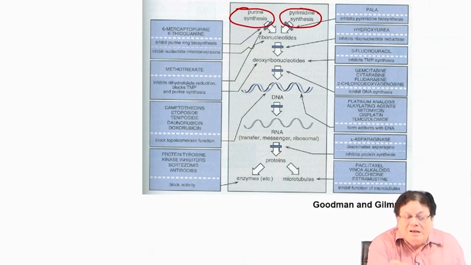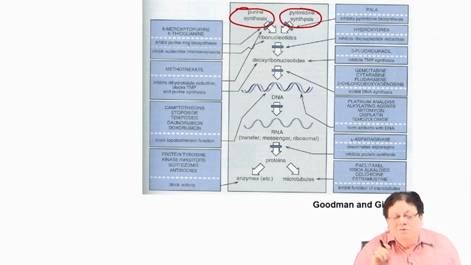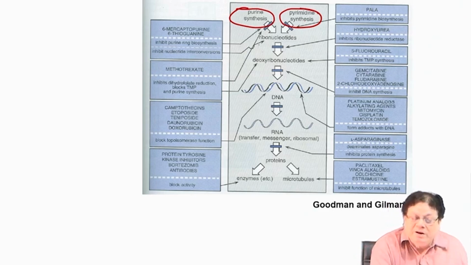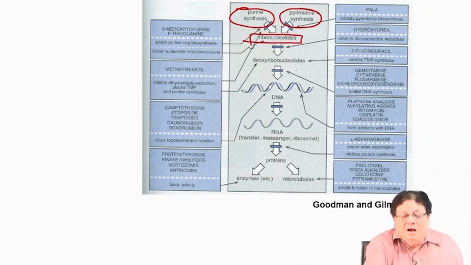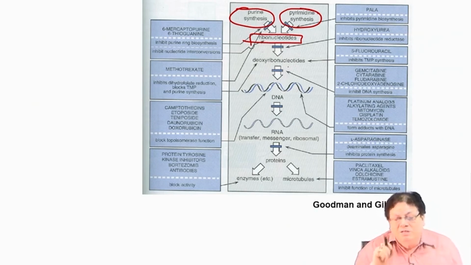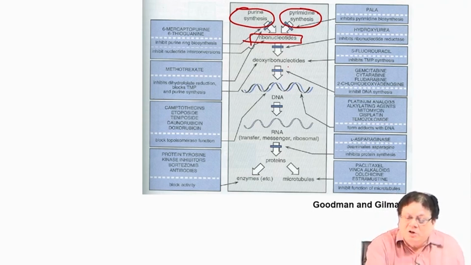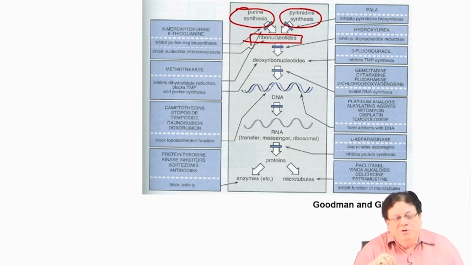And then you assemble sugar plus these pyrimidine or purine bases, and what you get is the ribonucleotides, coming from ribose. Then ribonucleotide is reduced to what is called deoxyribonucleotide, because you know that the 2' hydroxyl is missing in the DNA, but that actually comes from the ribonucleotides.